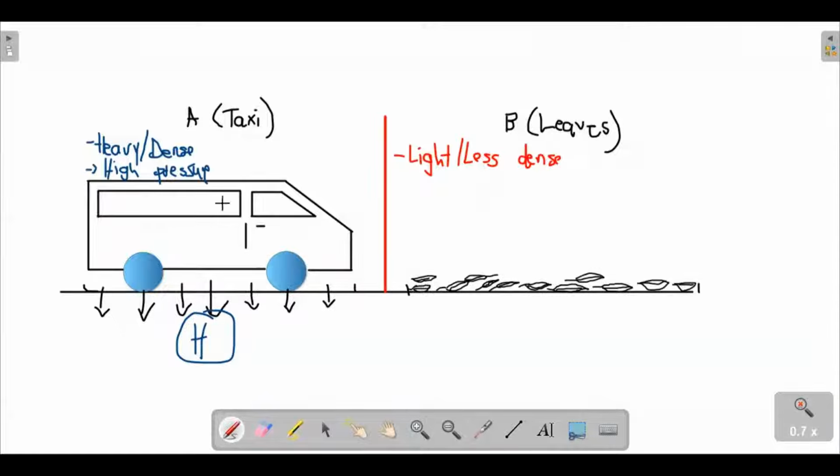And so it creates an area of high pressure on the ground. And because B is light and less dense, it applies less pressure on the ground. Less pressure and low pressure is the same thing. So we say that because B is less dense, it applies less pressure or low pressure on the ground. So it creates an area of low pressure on the ground.